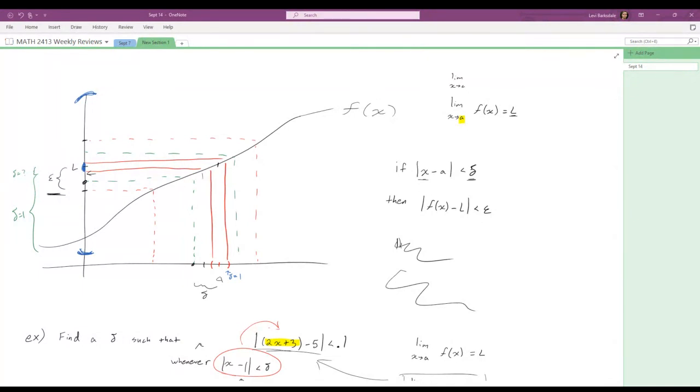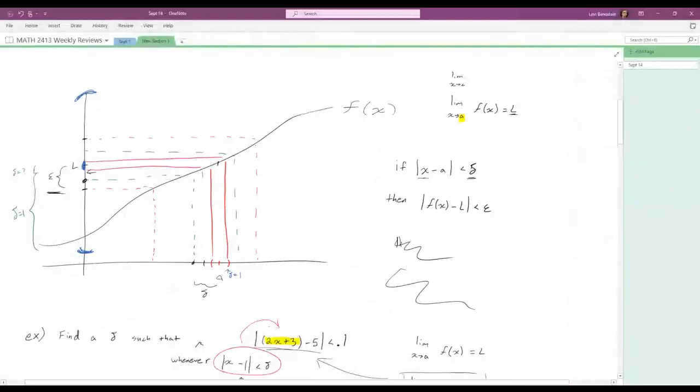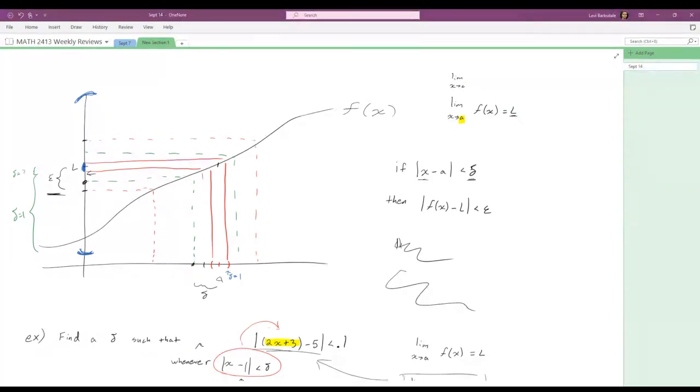Why do we always, well, we don't necessarily assume that epsilon is big. We're saying that epsilon could be anything, but if epsilon is big, I know how to handle it. So the idea is when someone gives us an epsilon, it's almost like we're making a choice.